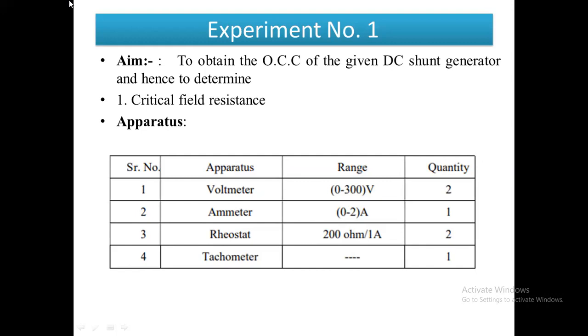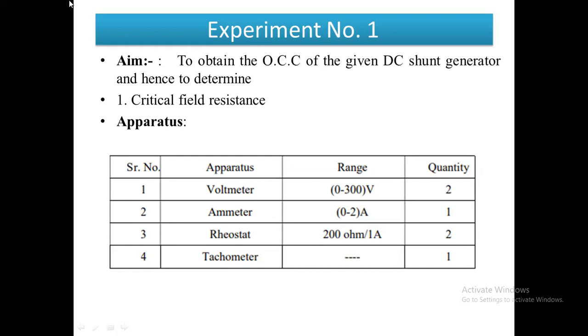What apparatus is required for this test? We need two voltmeters with a range of 0 to 300, one for measuring the supply voltage and one for measuring the induced EMF.